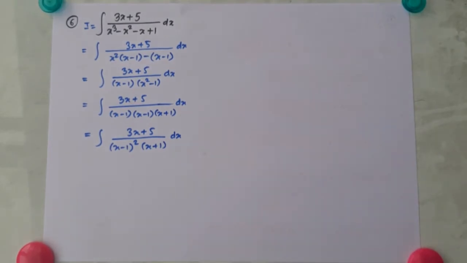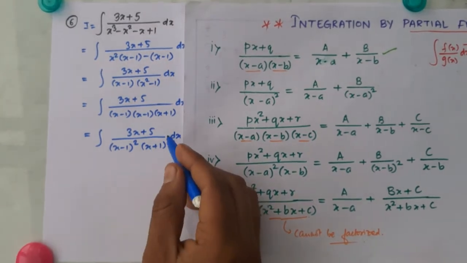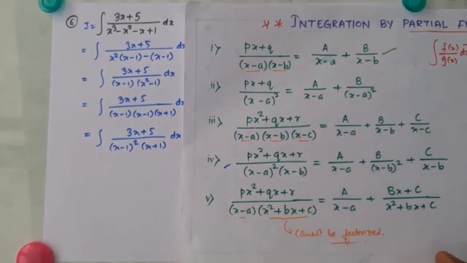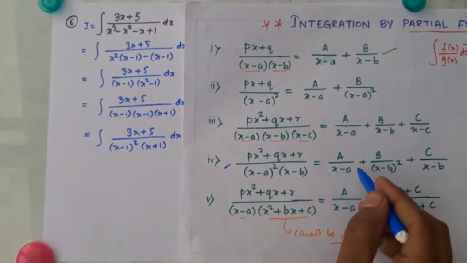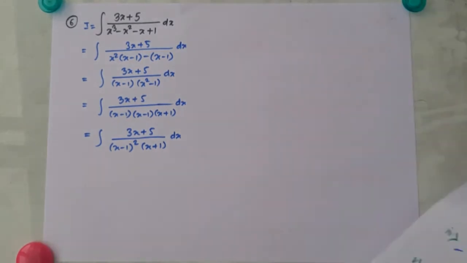Okay, now let's compare this with the sheet that we have. This falls under this category, isn't it? So as per this rule, we have to write this as this.